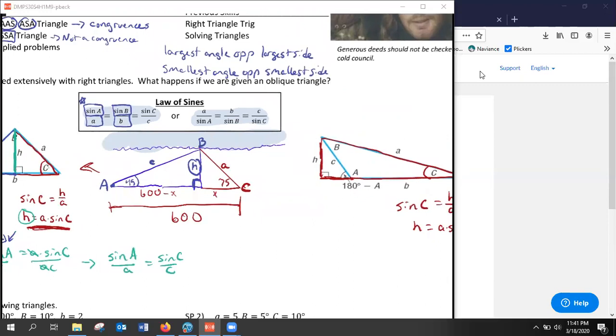So let's bring the blue triangle back into play. Here's my blue triangle. And this time, I'm not actually going to find the sine of angle A because angle A is inside the triangle, but the blue triangle that I care about is outside of the triangle.